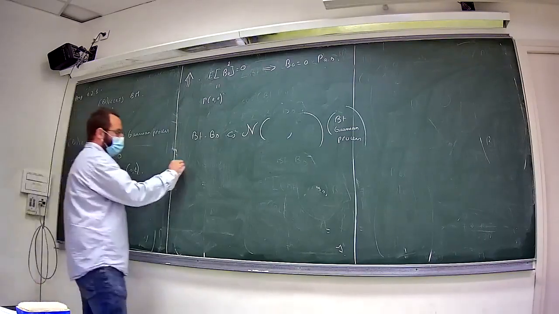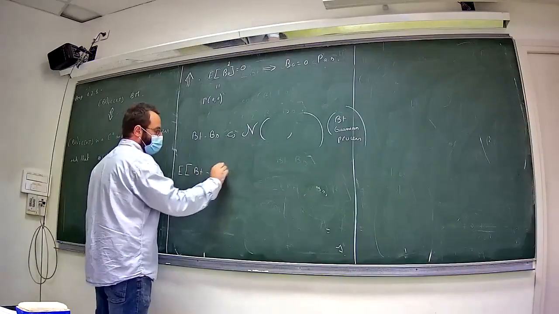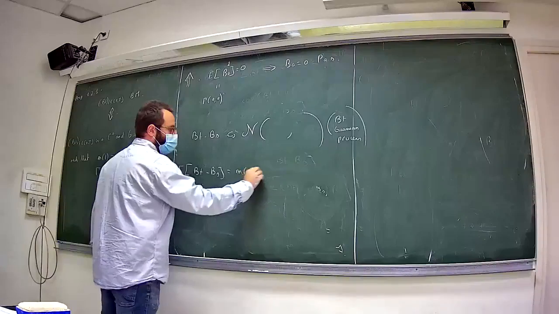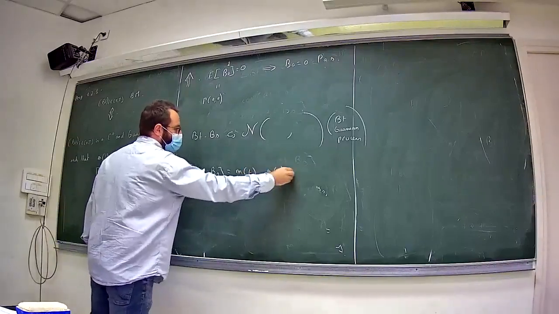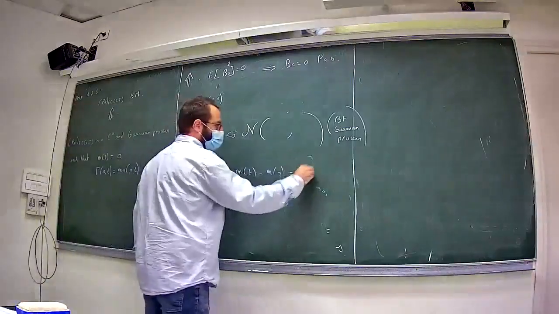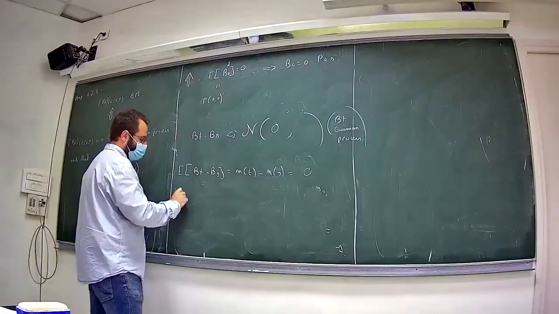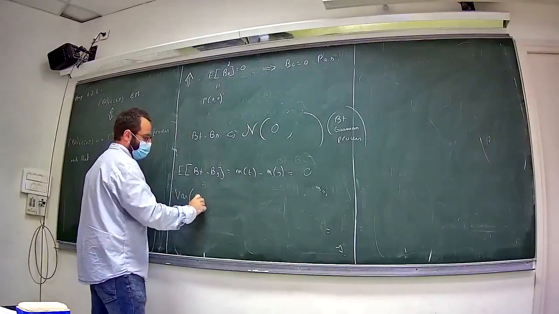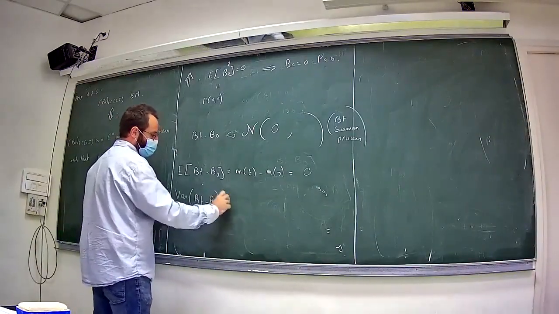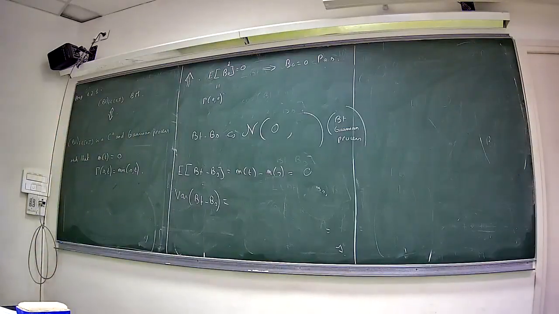If I am interested in the expectation, it's the expectation of Bt minus Bs. It's just Mt minus Ms that is equal to 0. So I know that I have a 0 here. And then the variance. So I have the variance of a difference. It's possible for me to compute it.